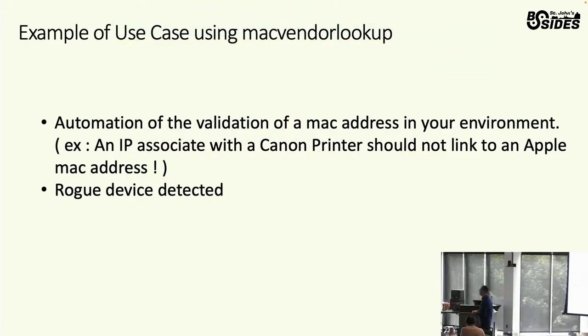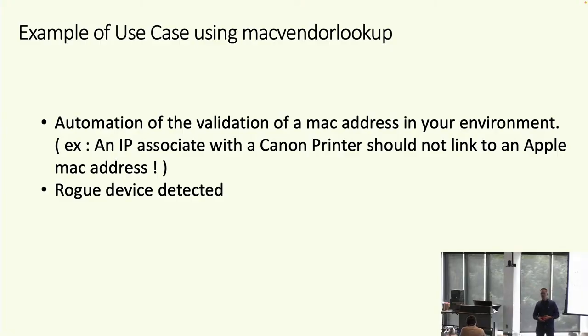So what are the different use cases here? You may want to double check: typically, it's a printer that is tied to that MAC address. Is it still a MAC address that is owned by another vendor? It may be a Mac or whatever other type of device as well. It helps identify rogue devices, right?